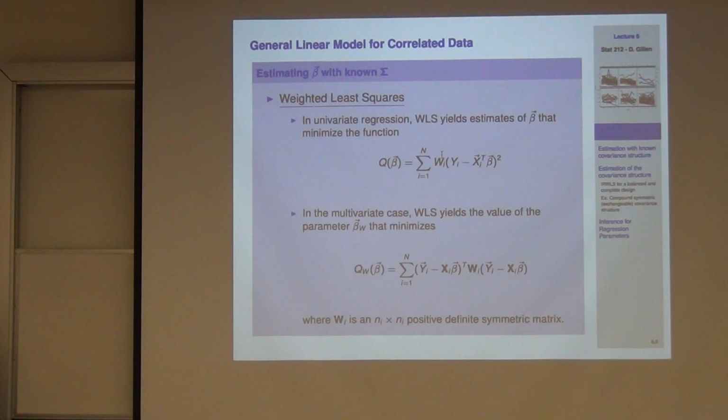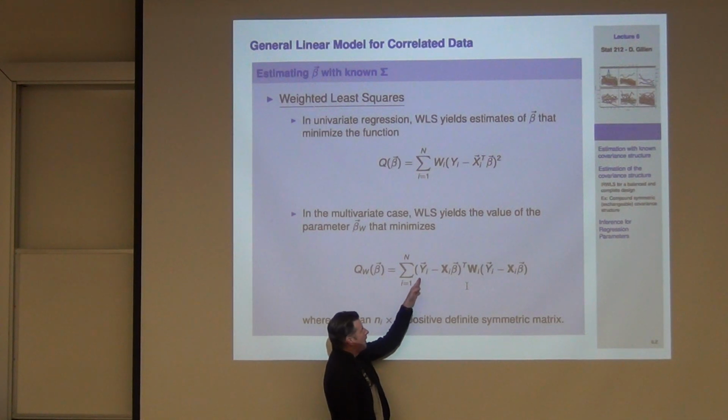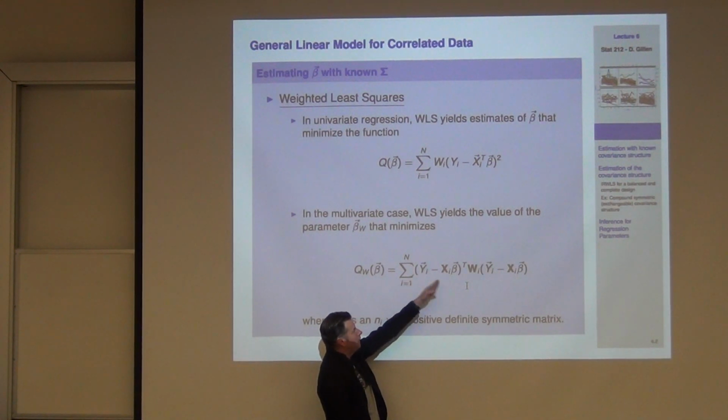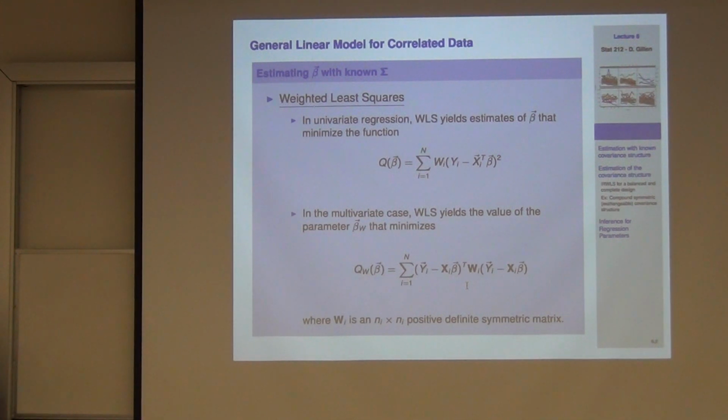All right. In the multivariate case, we can do the exact same thing. So I can formulate that weighted sum of squared differences, but now I've got a vector response yi minus the mean model for that individual. So now xi becomes the ith observation's design matrix.